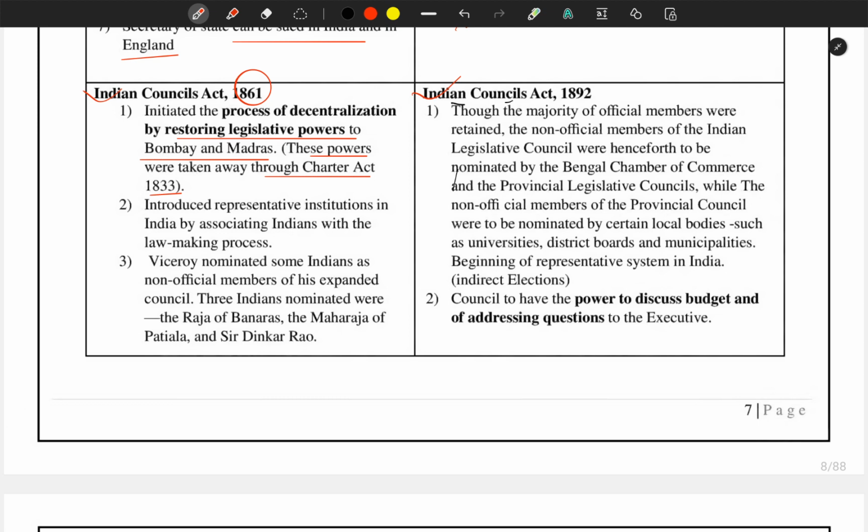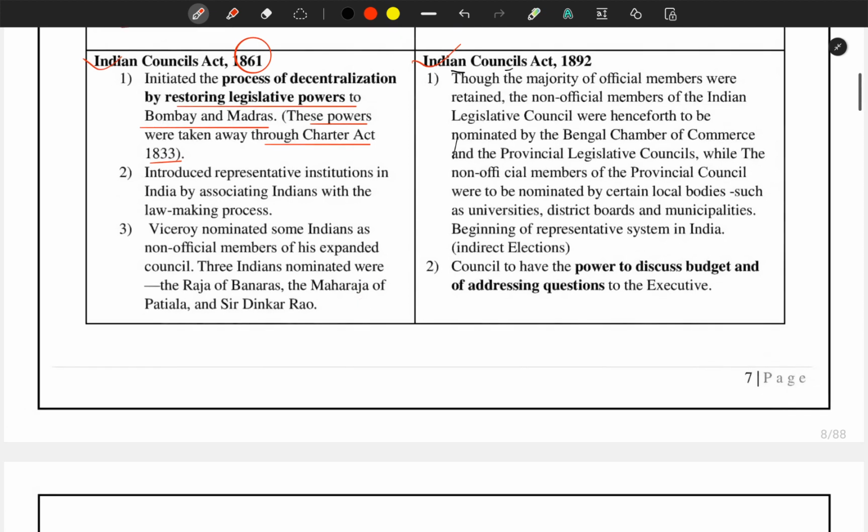And it introduced representative institution in India by associating Indians with the lawmaking process. Now onward, they made a provision that Indians can also participate in the lawmaking process.